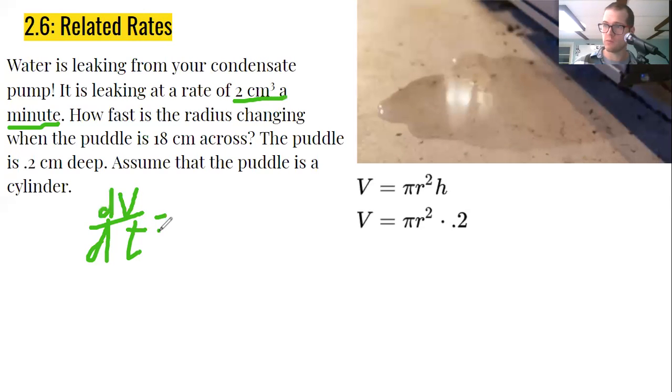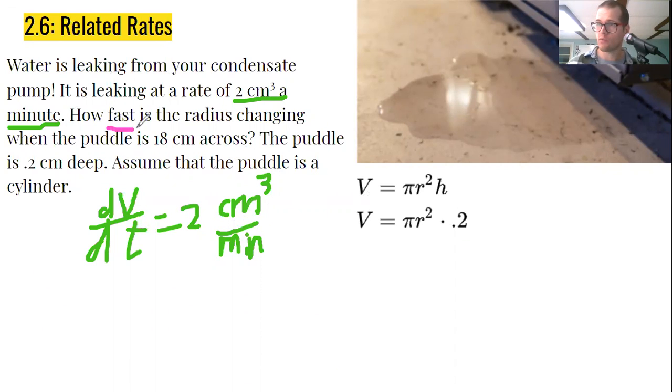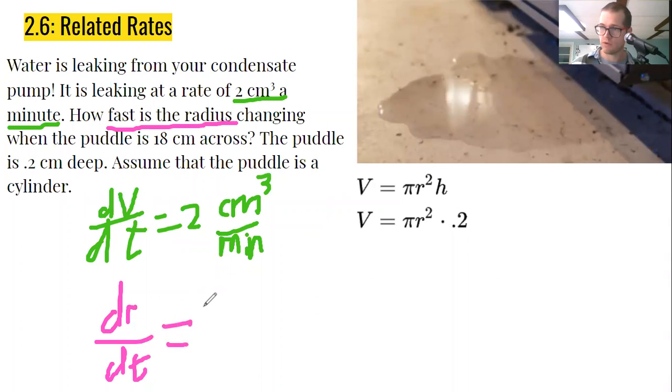So dV dt is 2 centimeters cubed a minute. The thing we want to know is how fast the radius is changing. That we're going to call dr dt. How does the radius change as time changes? And we don't know what that is yet.